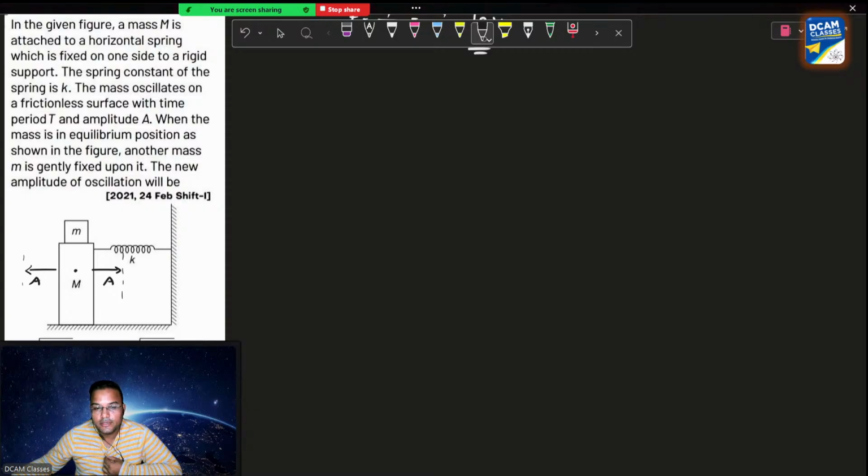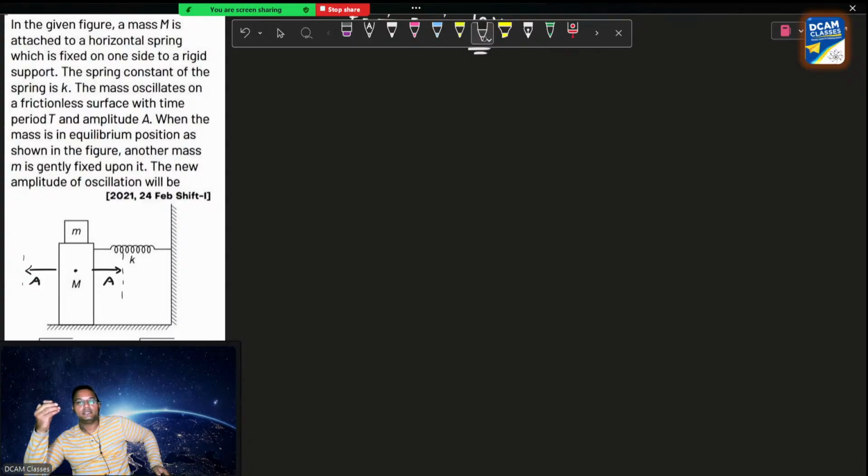How will you find it? And what concept will you apply here? See, can we say this is a collision type case?